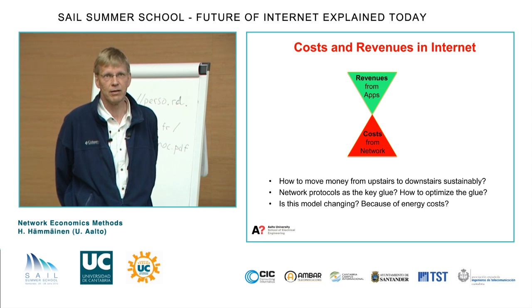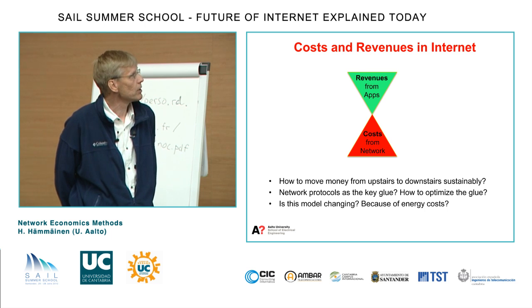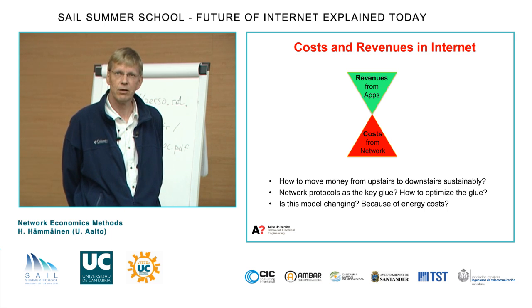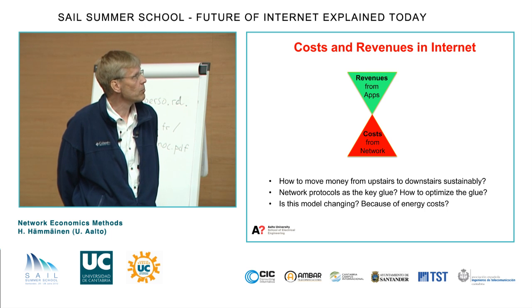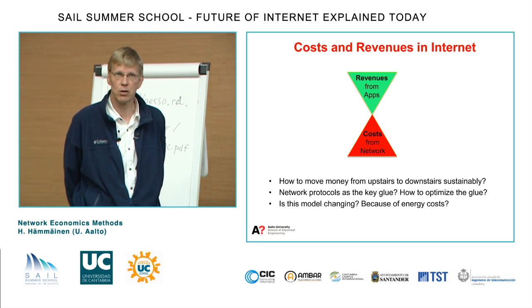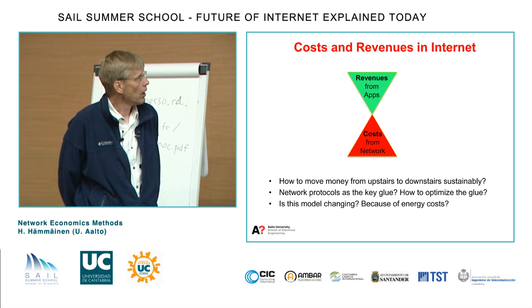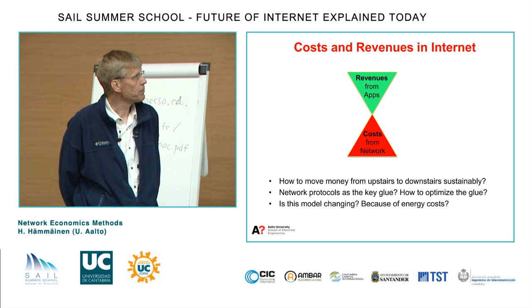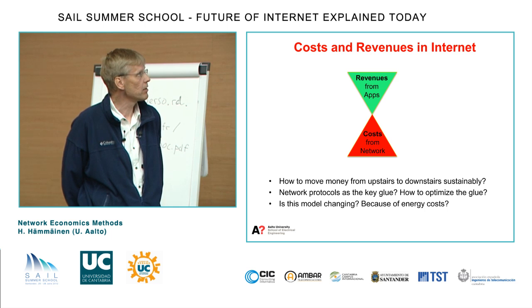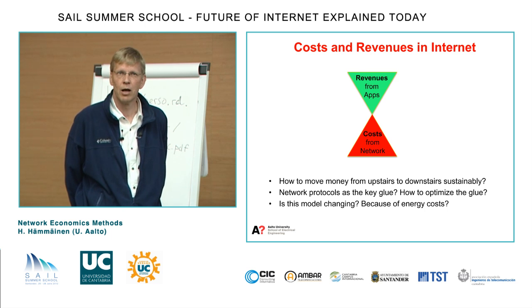It's obvious that they pay for that part, but it's more difficult to understand the enablers, the basics, like the basic transmission services and connectivity services and so on. And this situation is even more complicated because a big amount of costs happen to be concentrated on the lower layers.